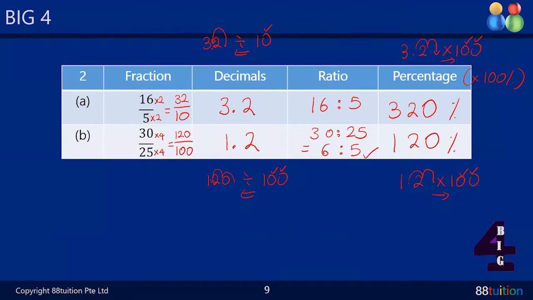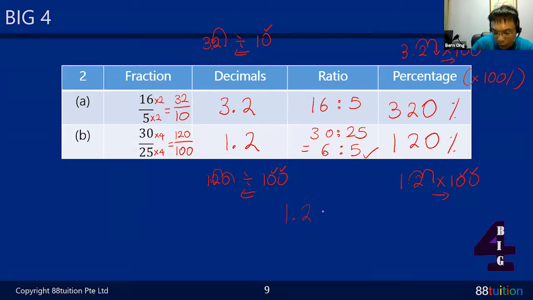I don't understand why fractions is 1 and 20 over 100, but I don't know why decimals you write without the 0. You just write 1.2. Why don't you add the 1.20? Oh, why must 1.2? Okay, 1.2 and 1.20 is the same. My reason is because I want to save ink.